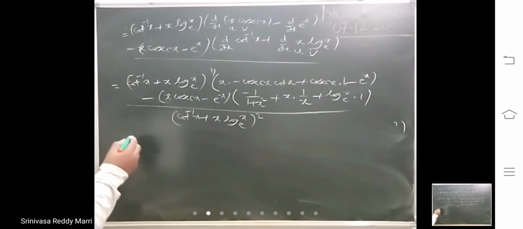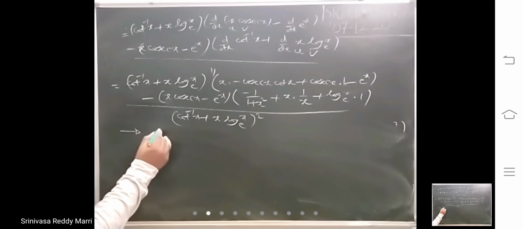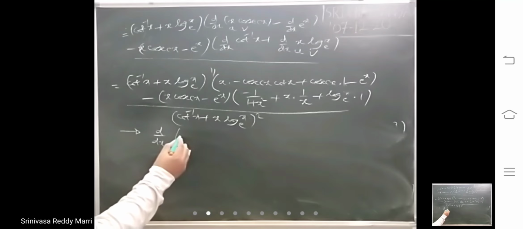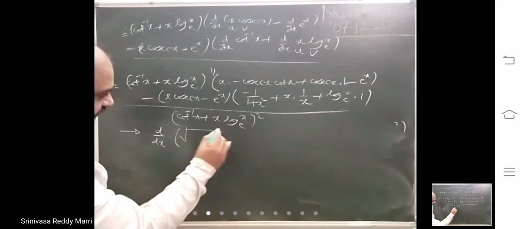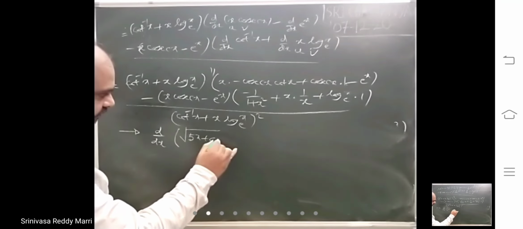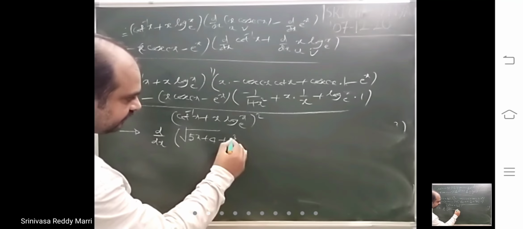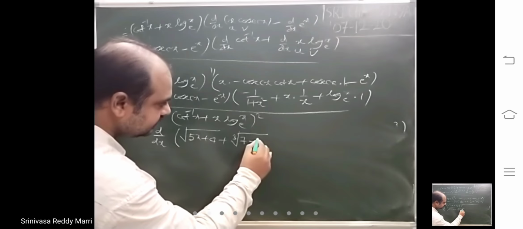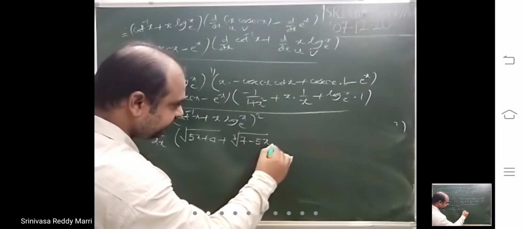Now look at, suppose now we will do, for applying all the rules, d by dx of root of 5x plus 4 plus cube root of 7 minus 5x.